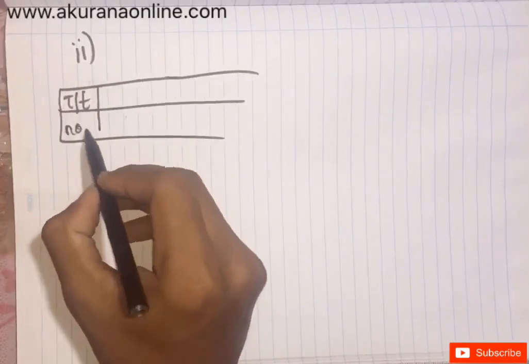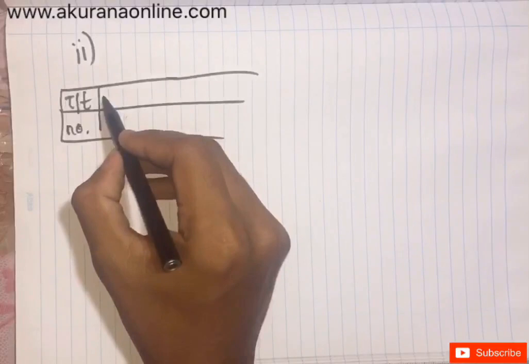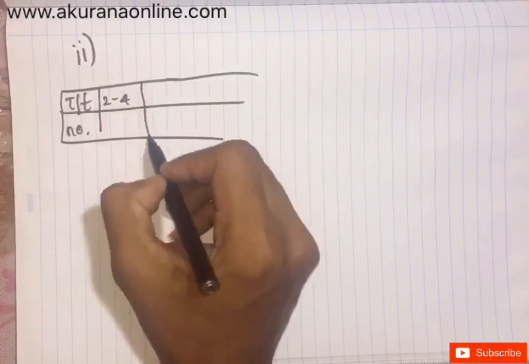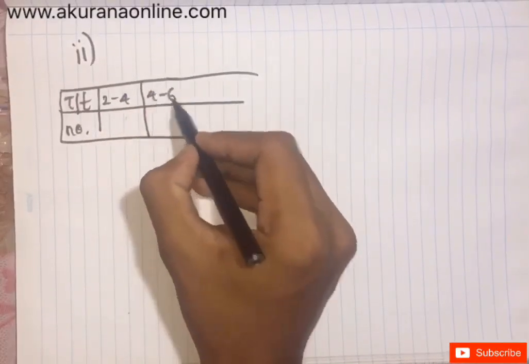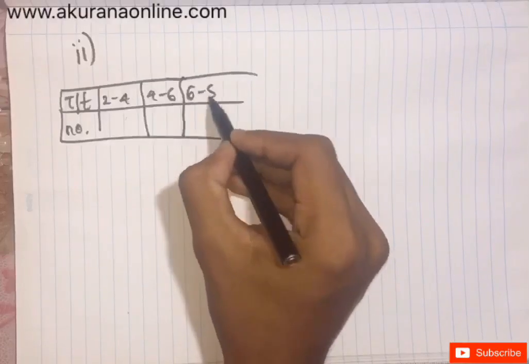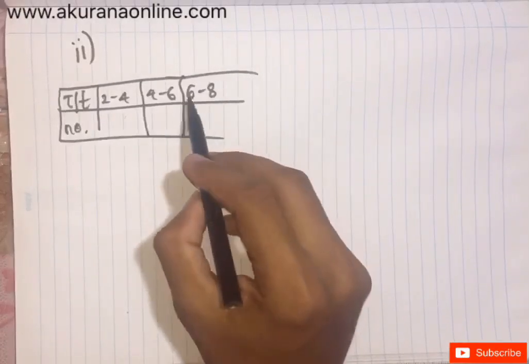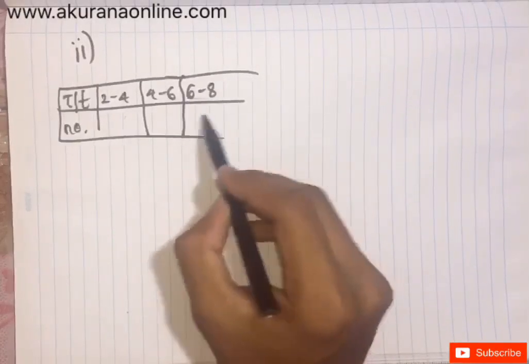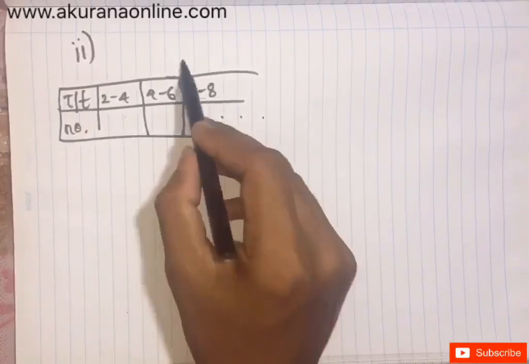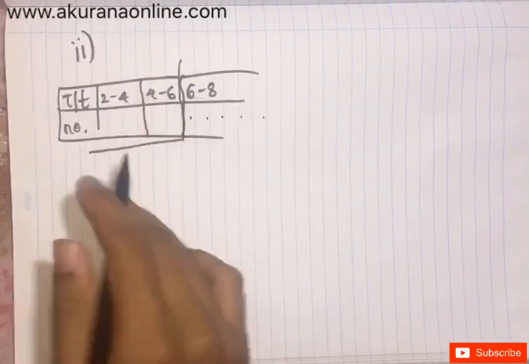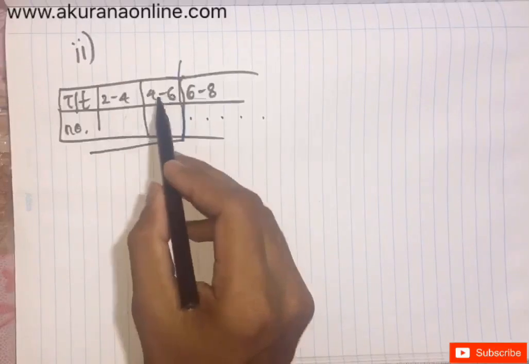Patients, number of patients. Now you have to take the total of all the patients who took more than 6 minutes. Excluding this, you can't take this part because these patients took less than 6 minutes.